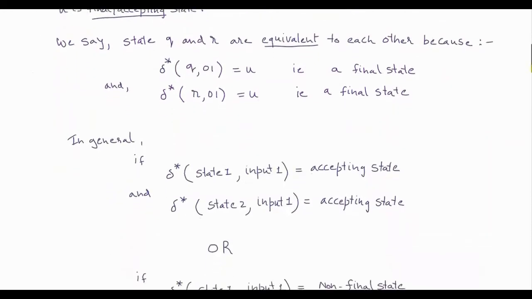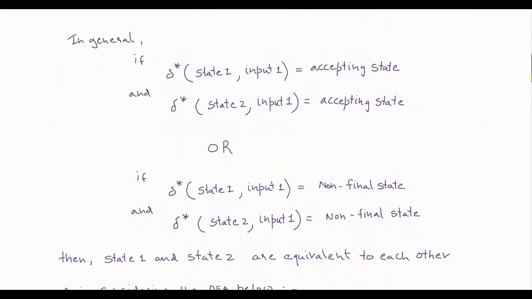Let's go further. In general, what is the meaning of equivalent states? If the extended transition function from state 1 on reading one particular input takes you to an accepting state, and the extended transition function from another state in the same DFA on reading the same input also takes you to an accepting state, now these two accepting states may not be the same state.